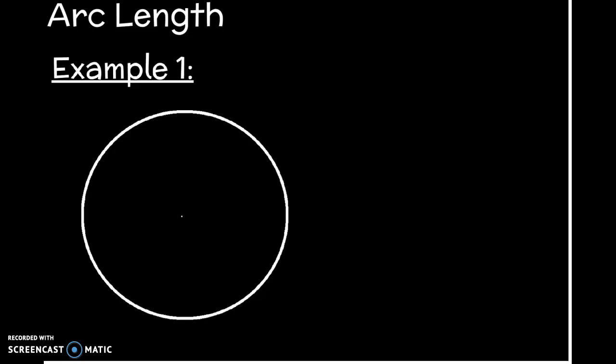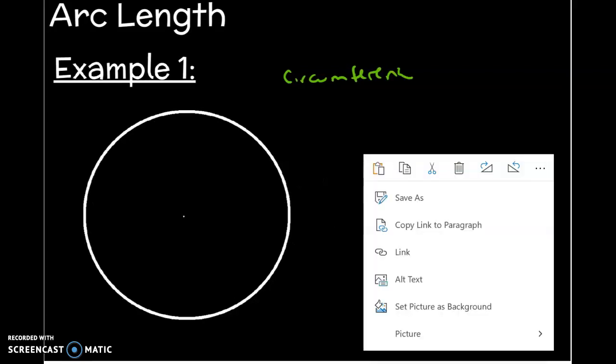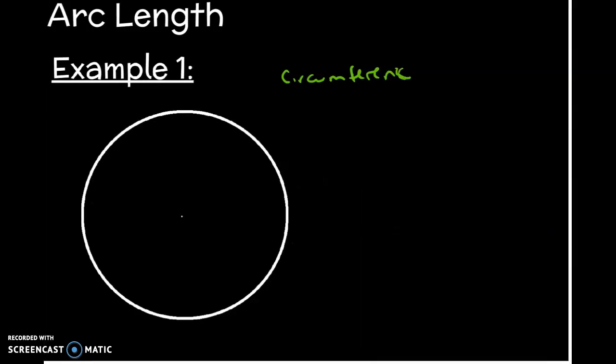For my first example, we are going to be taking a look at a circle that has a circumference of 18 pi. So I'm going to go ahead and write circumference. Circumference of the circle is 18 pi.